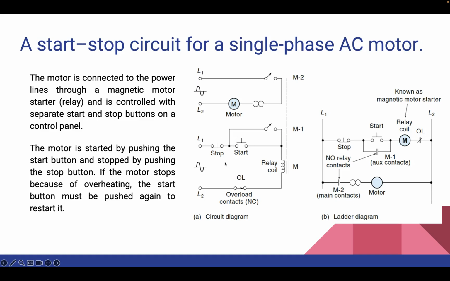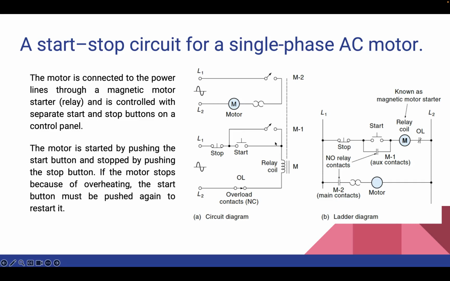When the start button is pressed, power is supplied to the motor starter relay coil M, and it will close the contact M1 and also the contact M2. M2 connects the motor to the AC power and initiates the motor operation.